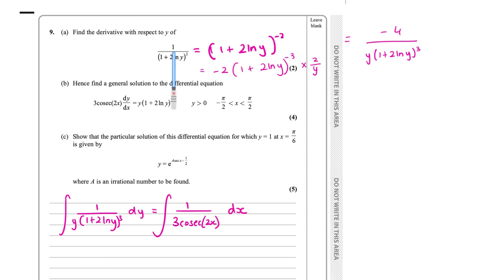So what do I need to do? If I've got minus 4 lots of it, divide by negative 4. Okay, so what's this answer going to be? Minus 1 over 4 lots of 1 plus 2 ln y all squared. And the other way to see it is imagine if this was negative a quarter, and we would then multiply everything by negative a quarter, which would give us 1 here.